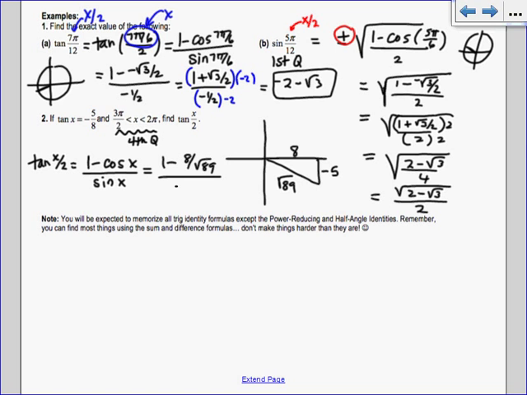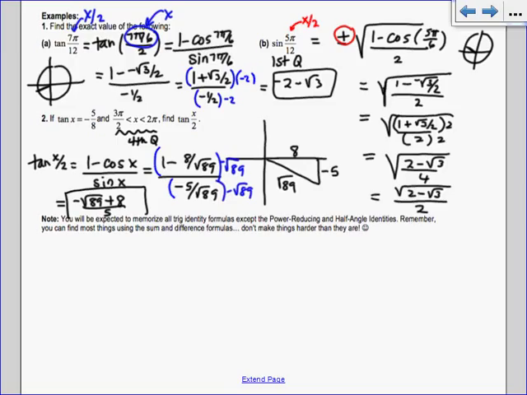And then sine is negative 5 over the square root of 89. So we're going to multiply by the square root of 89. And I'm going to do negative as well, just because I don't like that negative 5 on the bottom. So your final answer ends up being negative square root of 89 plus 8 all over 5. Let me make sure. Yep, okay.